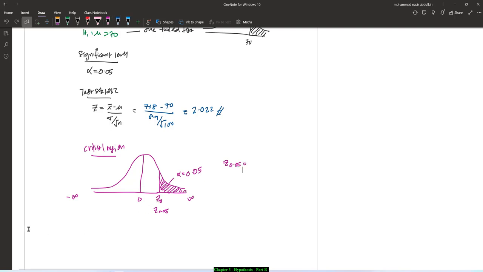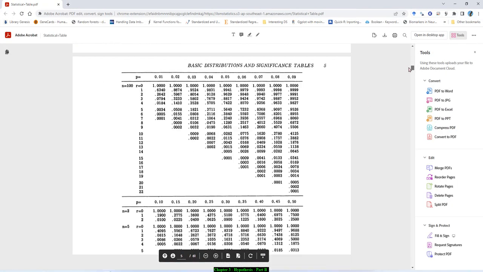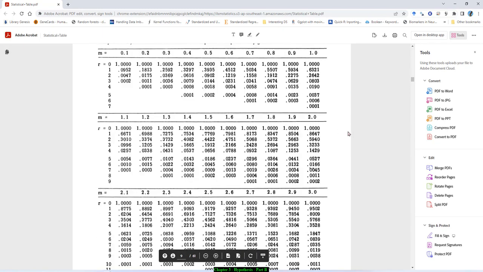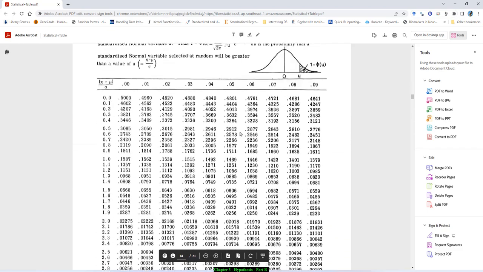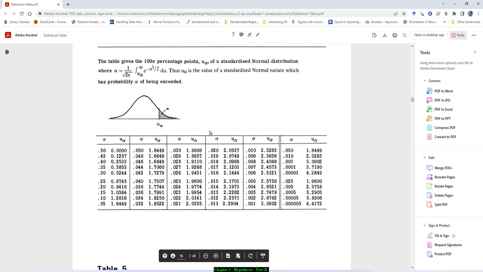So Z 0.05 is equal to how much? Can you look into your statistical table? You are looking at table number 3 for the Z distribution, sorry, it's table number 4.